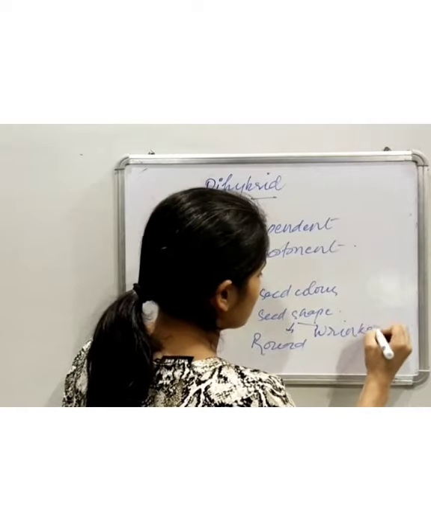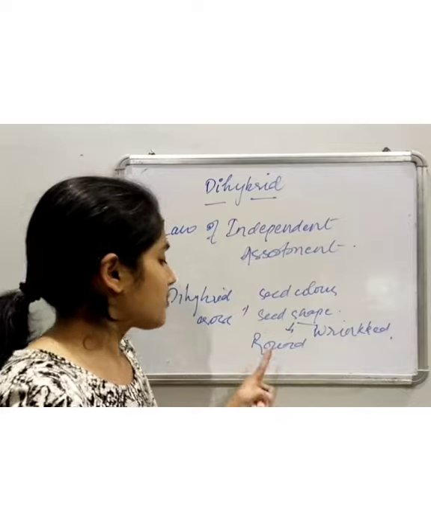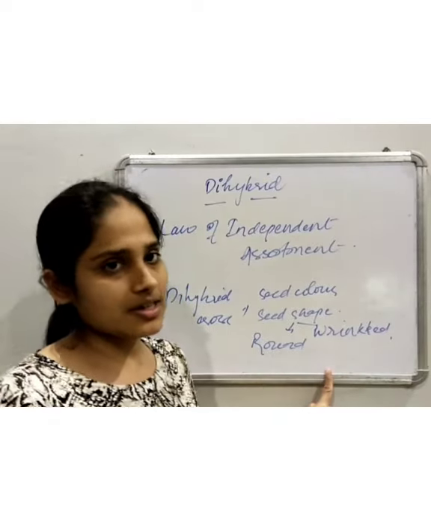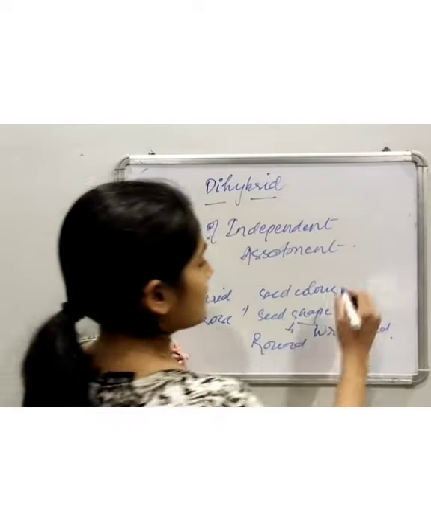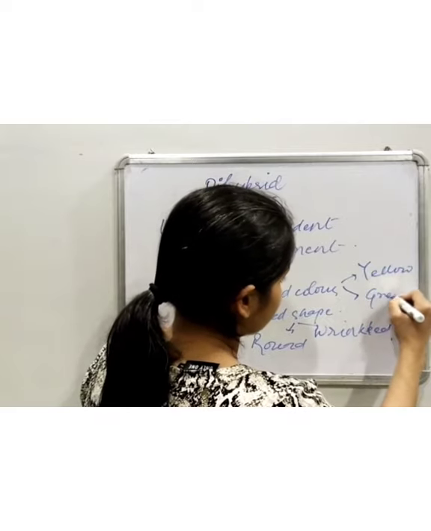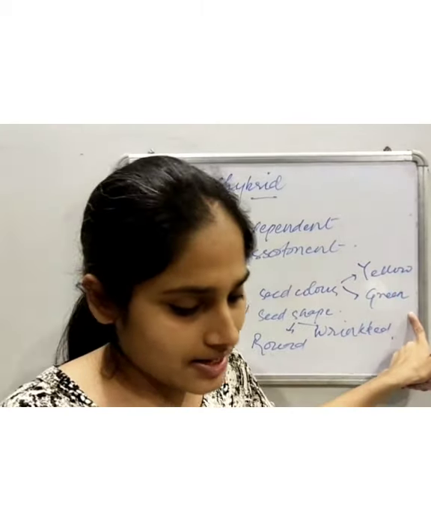Either the seed will be round or it will be wrinkled. Round is dominant and wrinkled is recessive, and we've already discussed what is dominant and what is recessive. In seed color we have two types, yellow and green. Yellow is dominant and green is recessive.